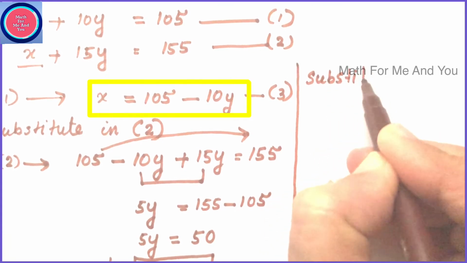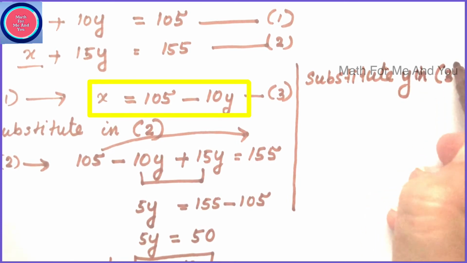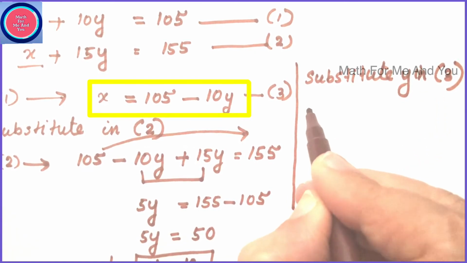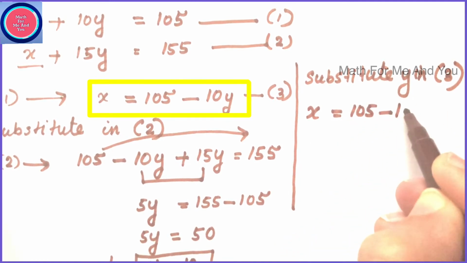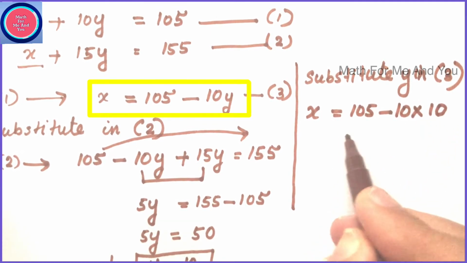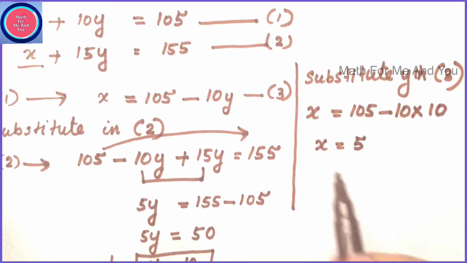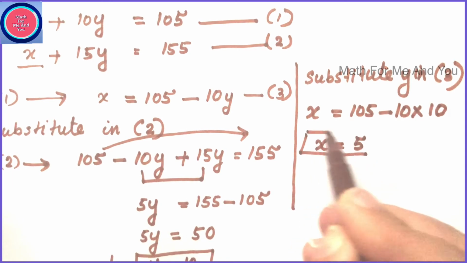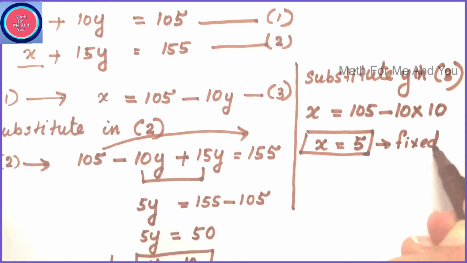Substitute the value of y in equation number 3. x is equal to 105 minus 10 times 10, because y is 10. 105 minus 100, how much it is? It is 5. So the fixed charge is 5. We have considered x as the fixed charge. We get fixed charge as 5 and the charge per kilometer as 10.